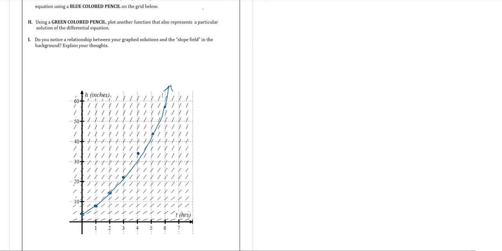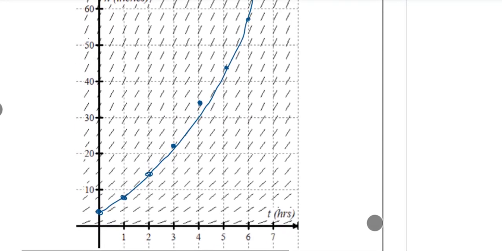Okay, then what we're supposed to do is use a green colored pencil and plot another function that also represents a particular solution of the differential equation. So really what you're going to do is think about if you started with a different amount, your rates are still going to be the same because it's based on the same differential equation. So it's just going to be a vertical shift of that one.